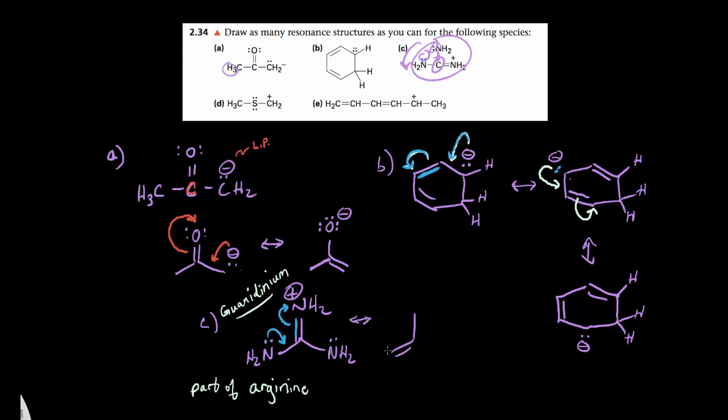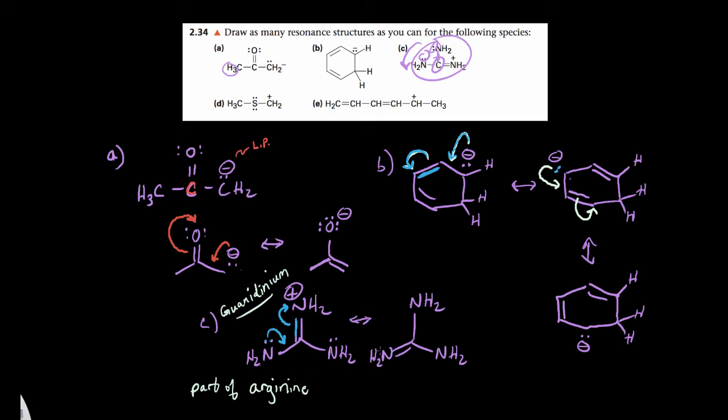Now, notice that the hydrogens don't change. We don't move protons around. We don't move nuclei around. We're only moving electrons. So in this case, since we moved these two electrons into this pi bond, now you should very quickly notice that the formal charges will change.